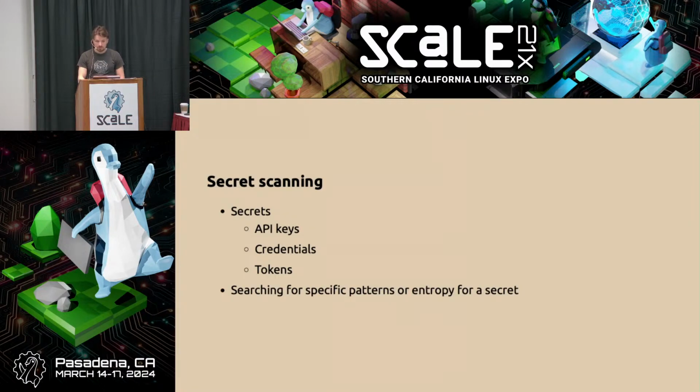This approach means scanning for a specific pattern or for entropy for a secret. And as in the case of code scanning, we have here community or generic rules. For example, there are some rules which are created by the community for scanning for AWS tokens. You can import these for your code base and run them, and that's pretty much it. There is low effort.